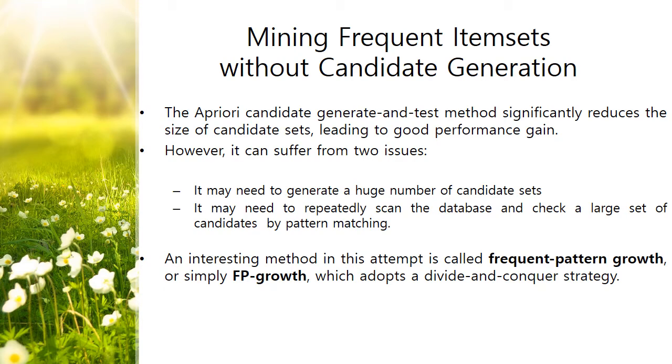An interesting method in this attempt is called frequent pattern growth, abbreviated as FP growth, which adopts a divide and conquer strategy. So we are adopting a different strategy, and it will avoid these issues regarding the Apriori algorithm.